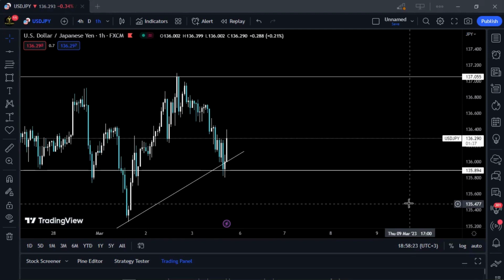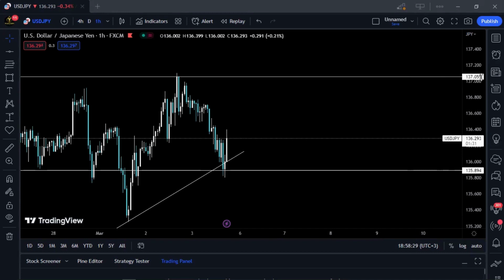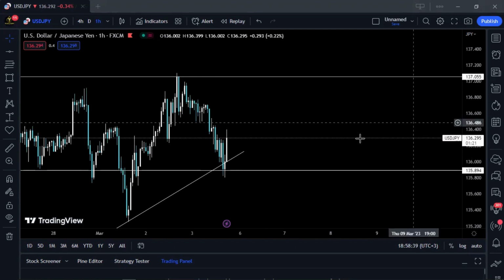For the JPY pairs, you see on the numbers here, you have maybe 137.055, and then down here 135.894. After the decimal point, you only have 3 digits.